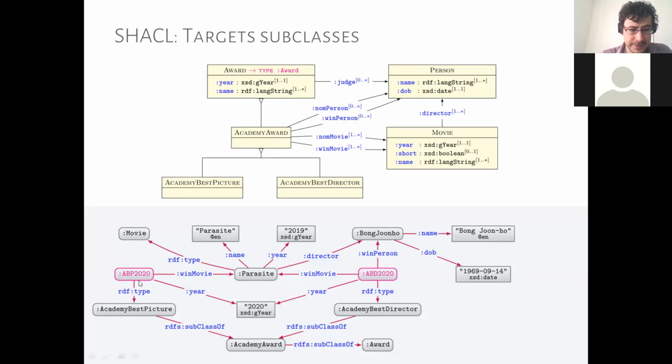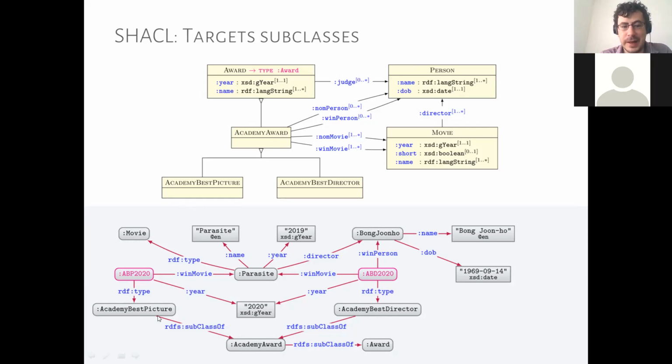However, they are instances of Academy Best Picture and Academy Best Director, respectively, which themselves are subclasses of Academy Award, which themselves are subclasses of award. So SHACL will also include these subclasses. Essentially, these shapes will be targeted because, through the subclass relation, they are instances of award. So they will be targeted by the shape.